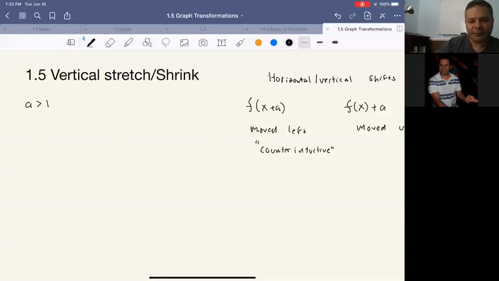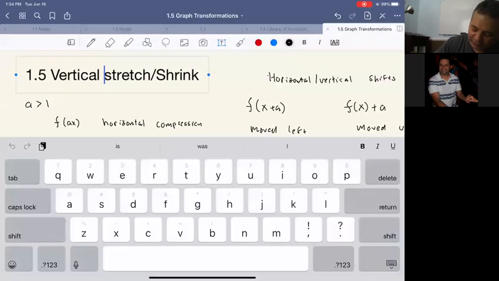Actually, I should change the title of this to vertical and horizontal.